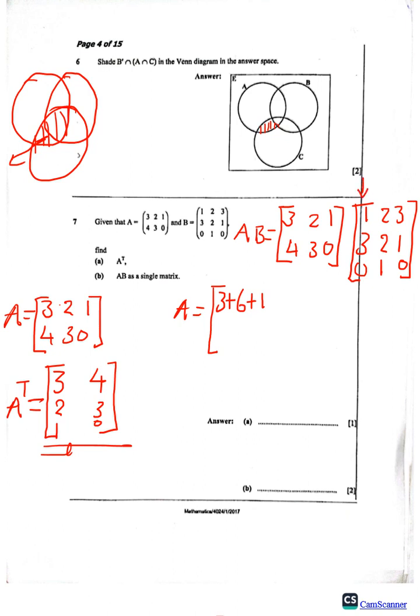We go to the second column. 3 times 2 is 6, plus 2 times 2 is 4, plus 1 times 1 is 1. We are done also with the second column. Let's go to our third and last column. 3 times 3 is 9, plus 2 times 1 is 2, 1 times 0 is 0.